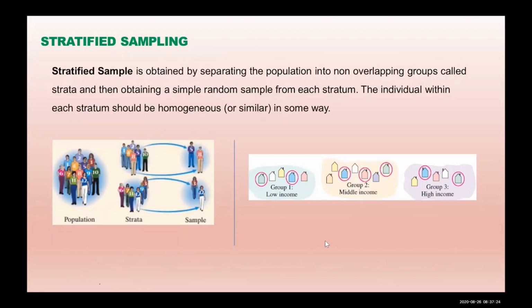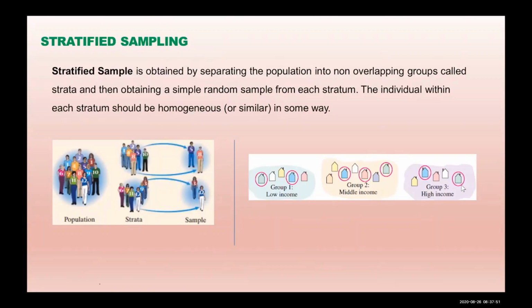Next example here. Let's see, here we are selecting houses. For example, in a community, we are creating groups of houses. This is the first group, this is the second group, this is the third group, called strata. And how we group this: the first one represents a low income community, this one is a middle income community, and this is the high income community.